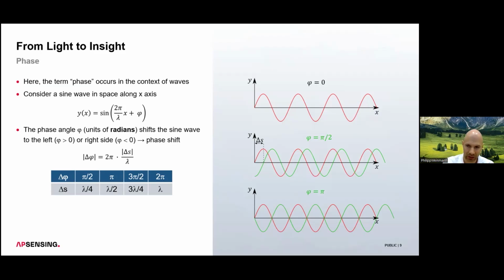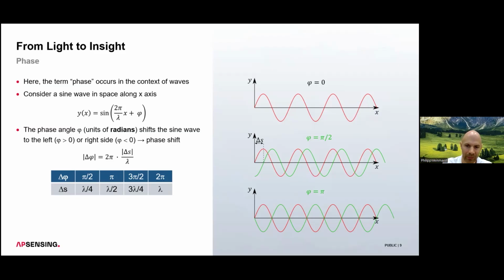I have shown here two examples for two different phases of the sine function. So for instance, if we consider a phase of pi over 2, then we are moving the sine function to the right side. The shifted sine function is shown here as the green curve. The original sine function is always shown as the red curve.